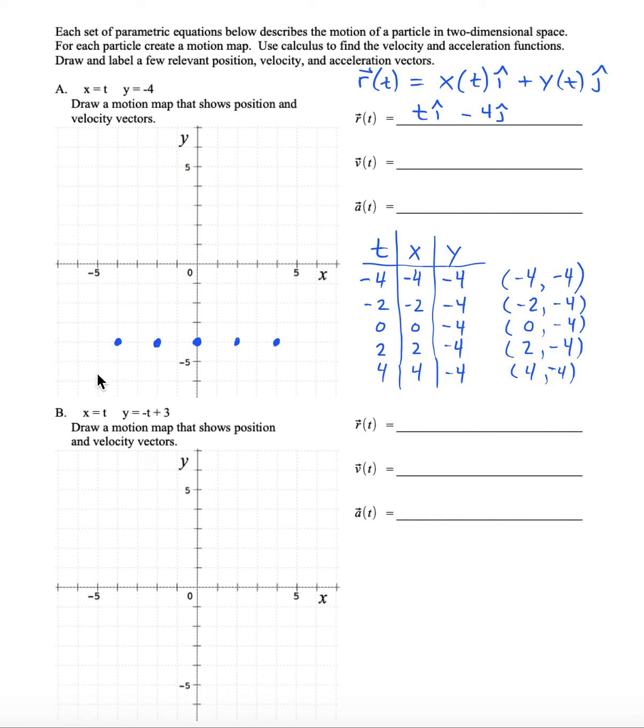As we can see, as time goes on, our particle is moving to the right. We can create arrows which represent the position vectors. These point from the origin to where our particle is located.